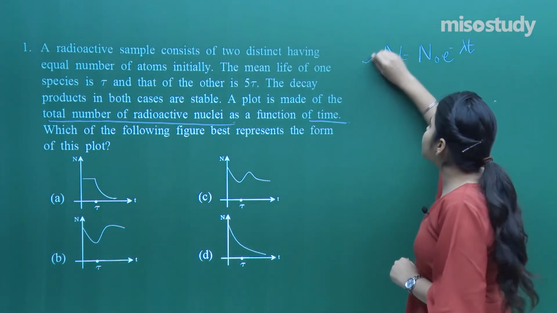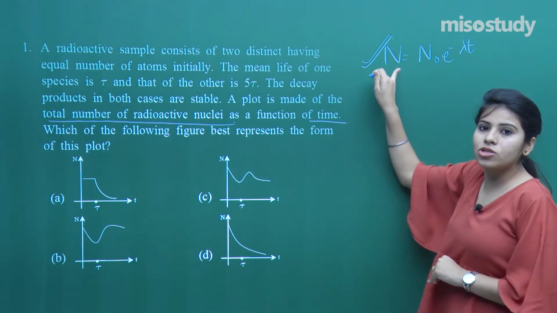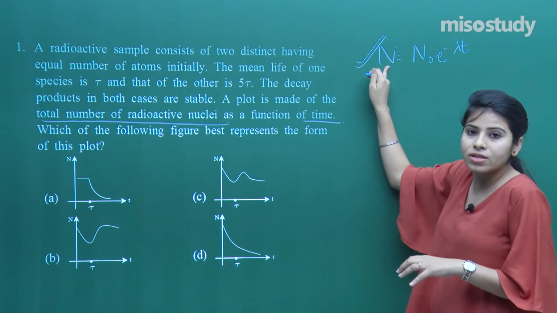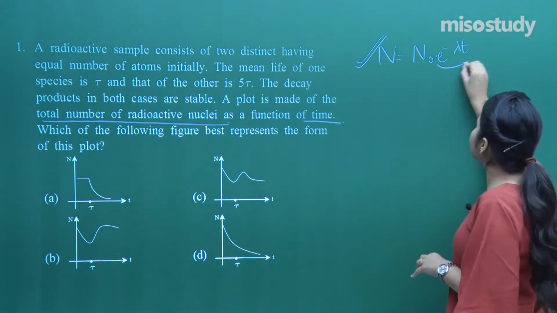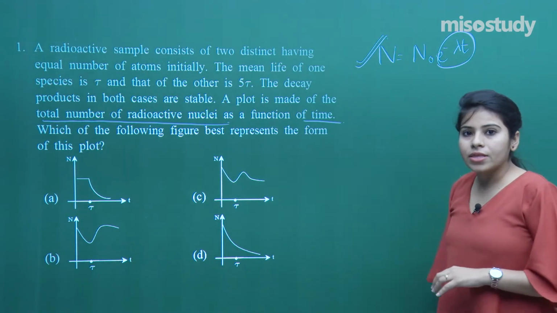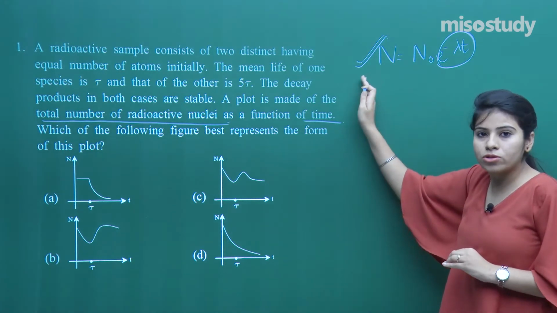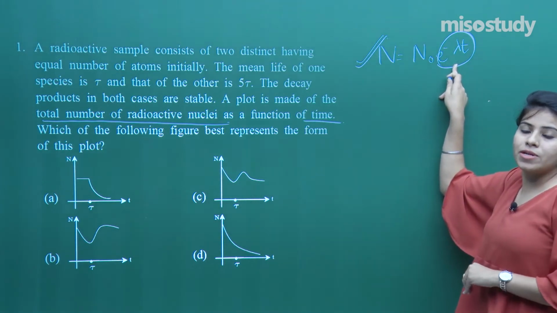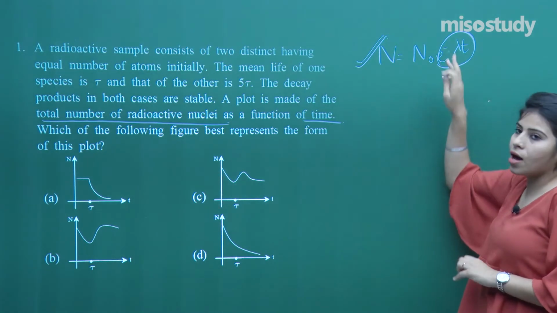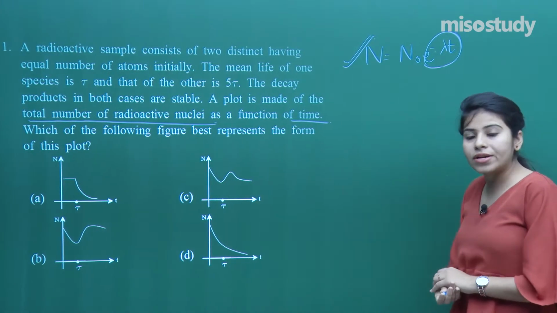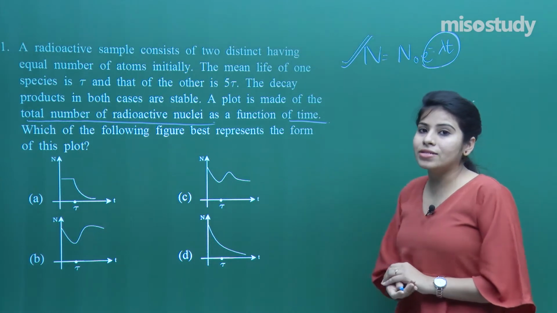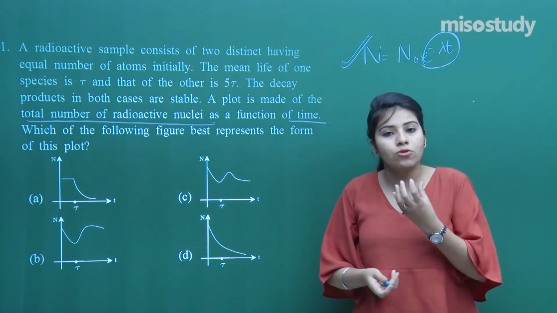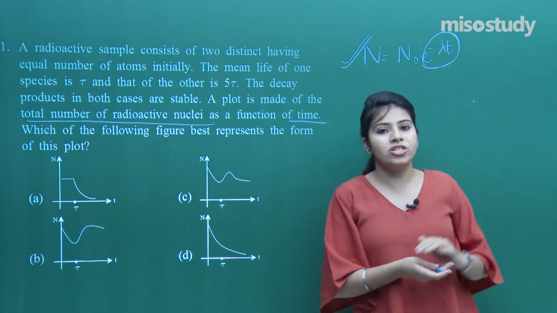Definitely, by this situation, N, the total number of atoms left after the decay, will be decreasing exponentially, because you can see that N is proportional to e raised to the power minus lambda t, where t is time and lambda is the decay constant. So the atoms are going to decay exponentially.